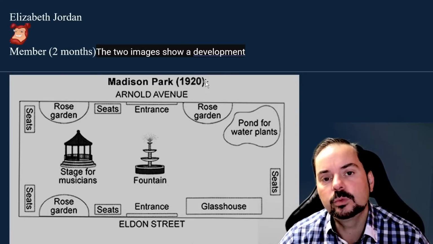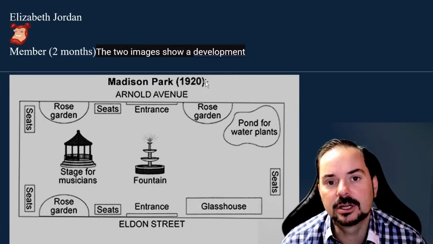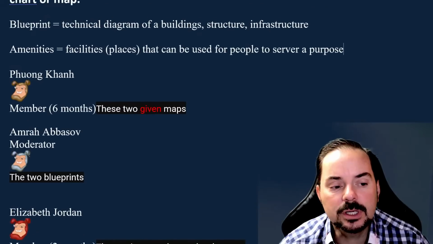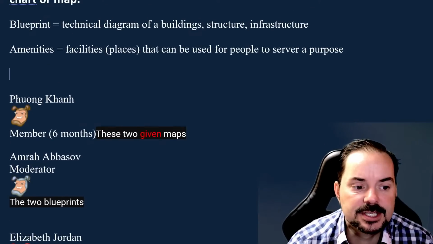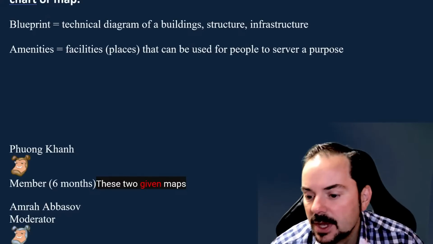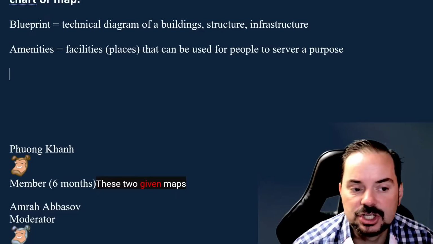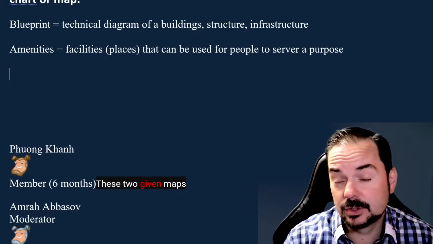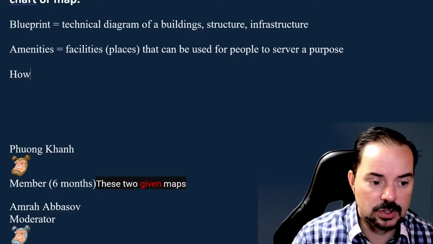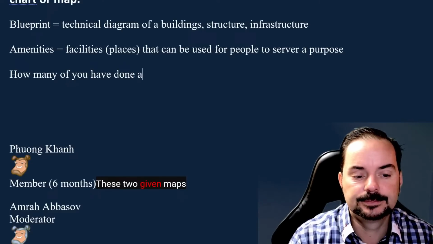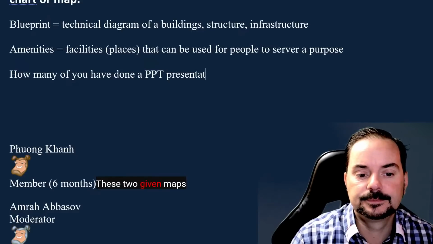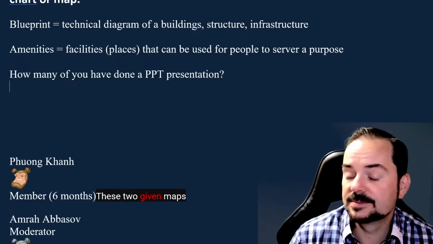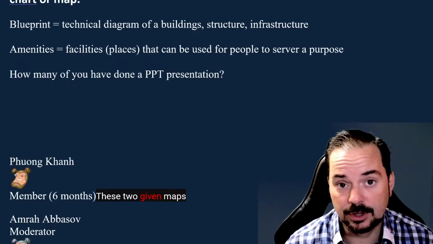One really good way, everybody, to think about task one is like a presentation. So when you're doing college or university studies and you have a presentation, how many of you have done like a PowerPoint presentation in high school or in university? Okay, think about this question. This is a really good way to think about task one. Domenico says many times. Okay, well, Domenico, you might agree with me on this.